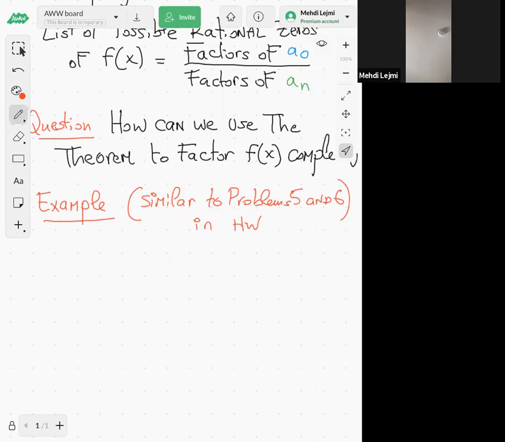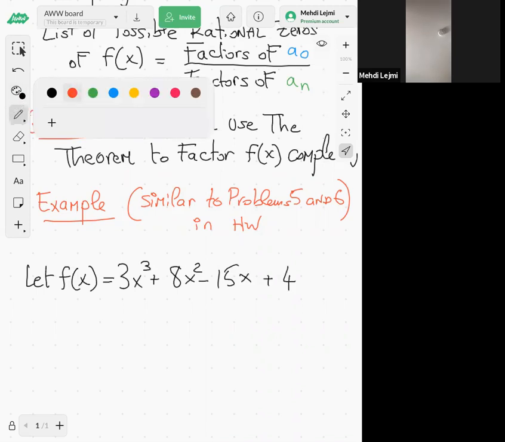So let's say let f of x be equal to, let's say it's 3x cubed plus 8x squared minus 15x plus 4, right?